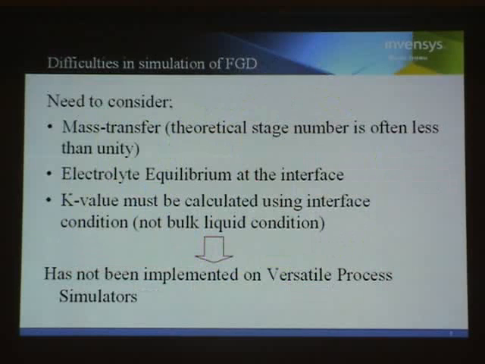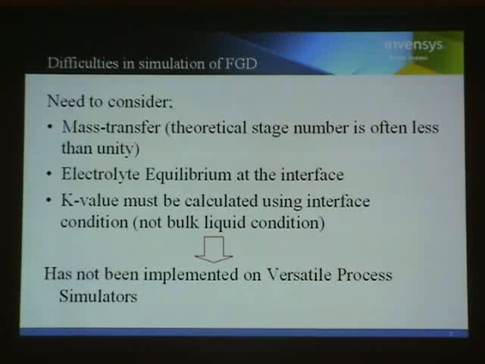When we conduct some simulation on flue gas desulfurization, we need to consider mass transfer. When you apply a traditional theoretical stage model to this kind of flue gas desulfurization, the theoretical stage number is often less than 1.